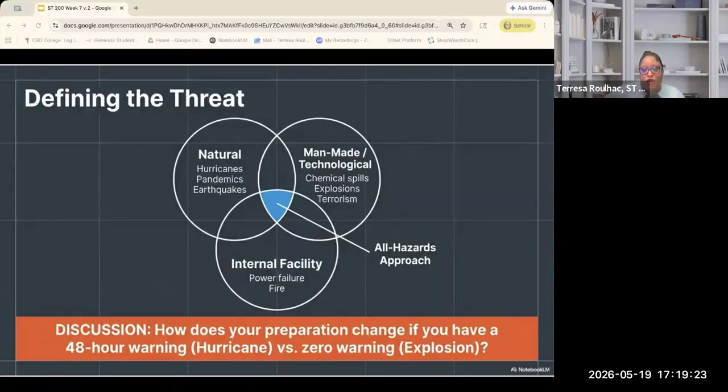In a 0 warning event, if 5 patients need surgery and only 2 ORs are available, who decides? Just want something for you to kind of think about because that happens. Who's more critical? That is a choice. That is definitely one of the factors that gets thrown into it. Okay?